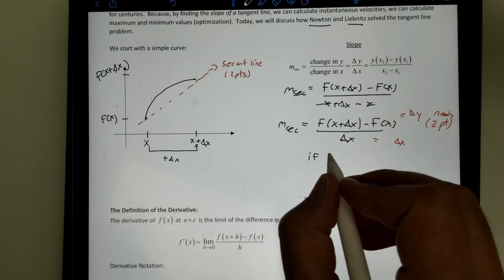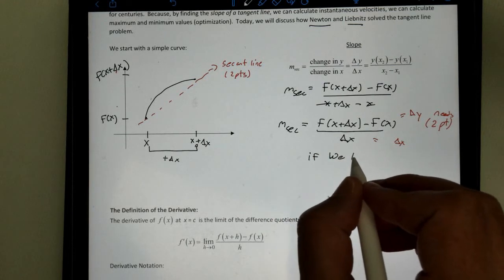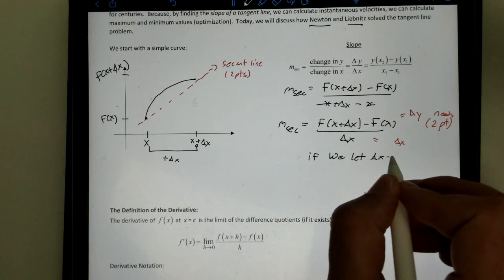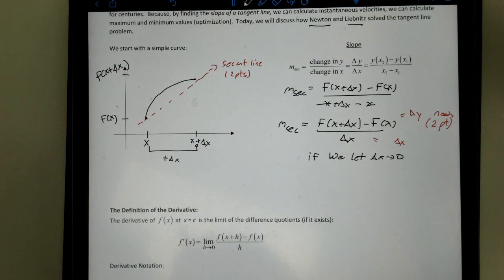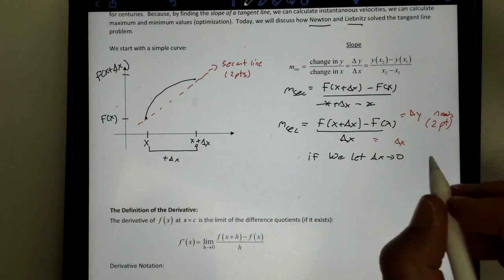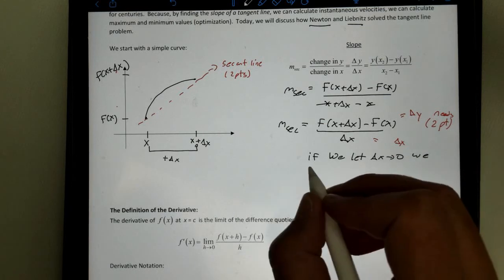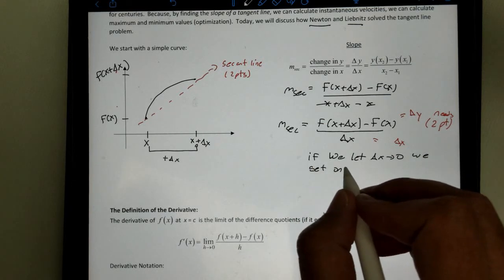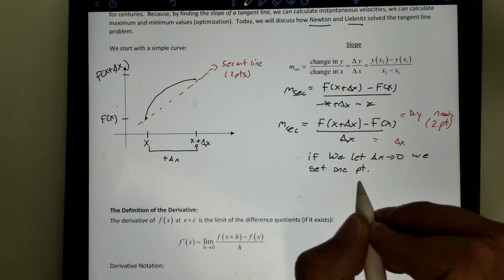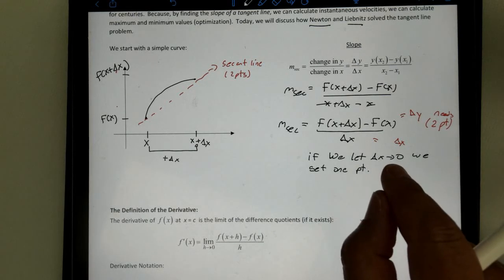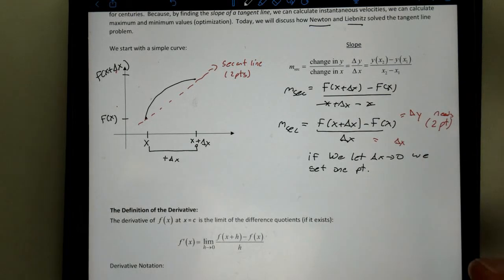If we let delta x go to 0, we get 1 point. Now, we can't let delta x go to 0 because we can't divide by 0.